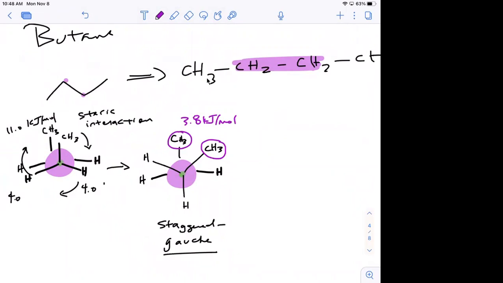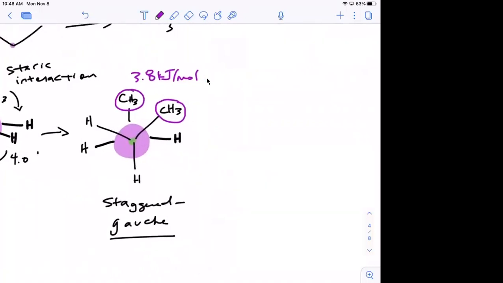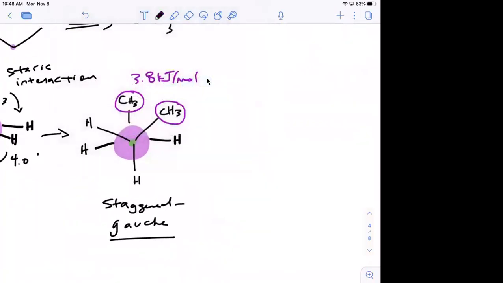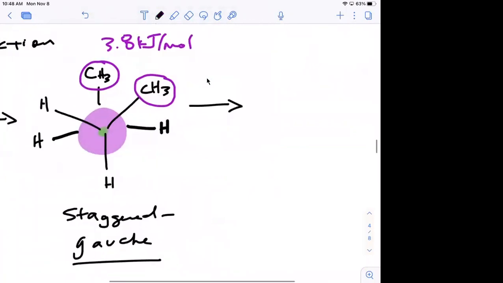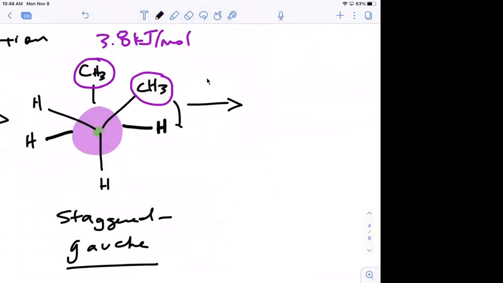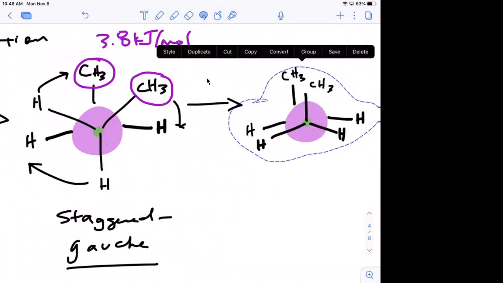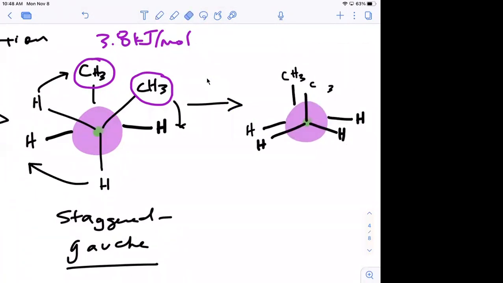All right. What's my next conformation going to look like? Eclipsed again. All right, so if I rotate it this way, 60 degrees all the way around, that's going to give me another eclipsed conformation. The only difference is now my methyl groups are going to be in different places.